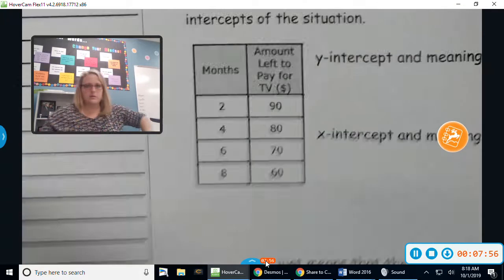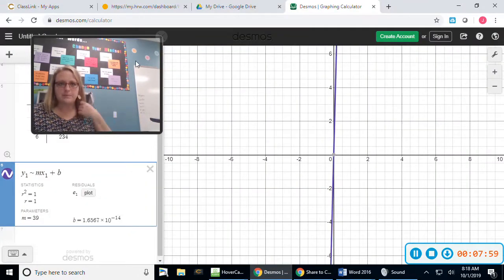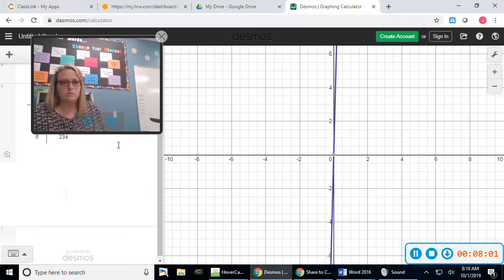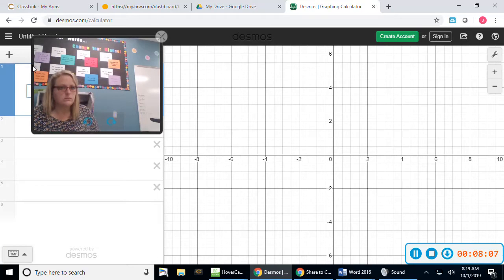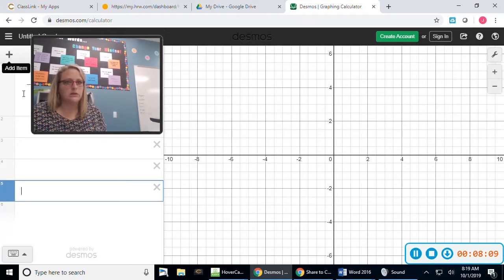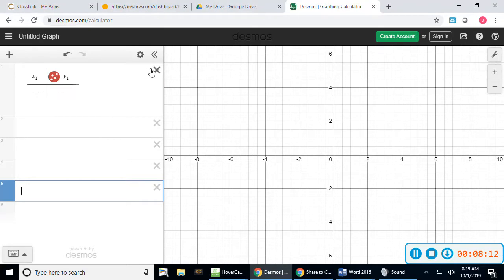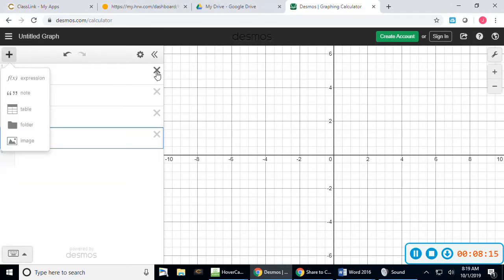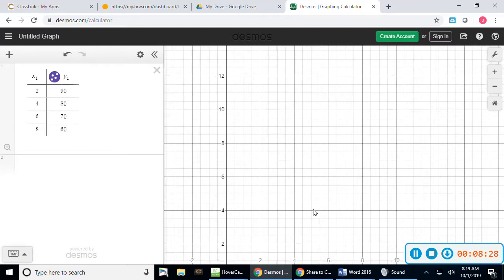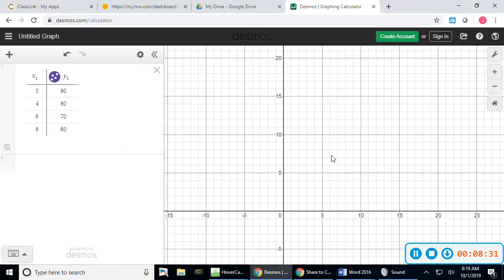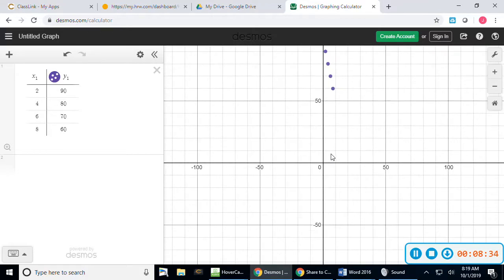So I'm going to go to Desmos, and I'm going to graph these points, so that way I can look at it. $80, $670, and $860. Okay, I can't see my points, so I need to zoom out. There they are.